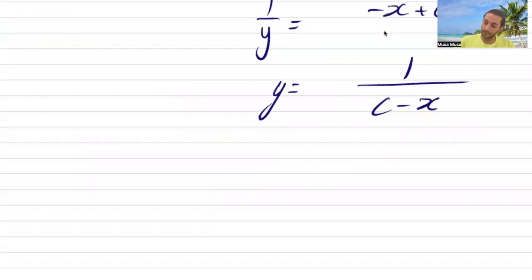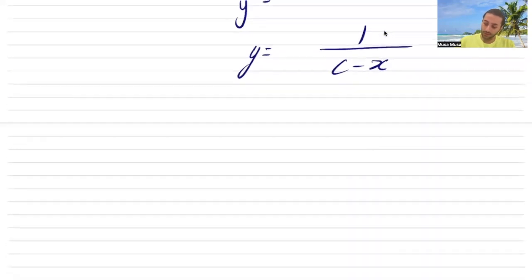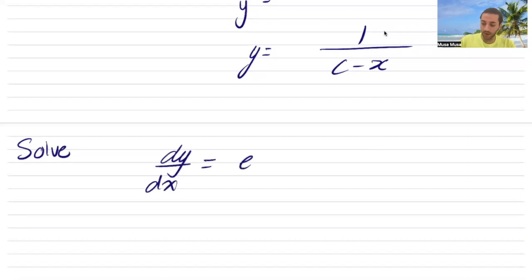Nice. I'll give you a few more. I want you to have a go, and make sure you write it as y equals. So let's say solve dy dx equals e to the y. And if you're really bothered, you can differentiate your solution and confirm that it satisfies this differential equation.